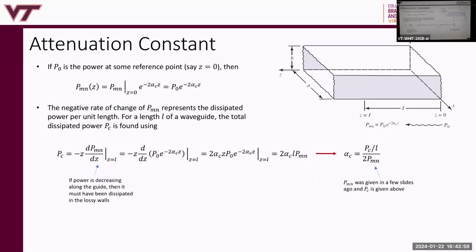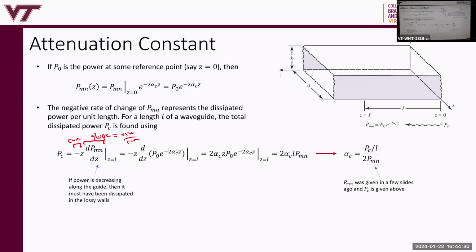So the negative rate of change of Pmn represents the dissipated power per unit length. Why is that? Because if the power is decreasing along the waveguide, then it must have been dissipated in lossy walls. We're assuming that the inside of the waveguide is filled with lossless material. So if we have a slope of the power, and then a run, slope is equal to rise over run.